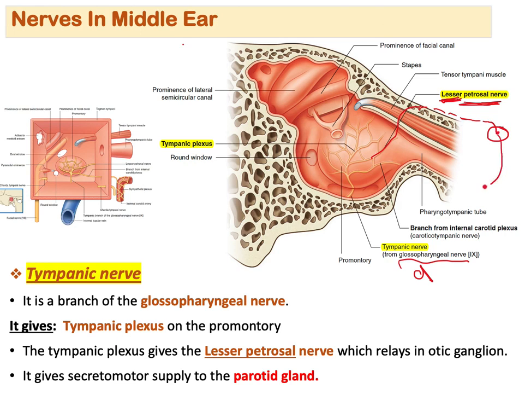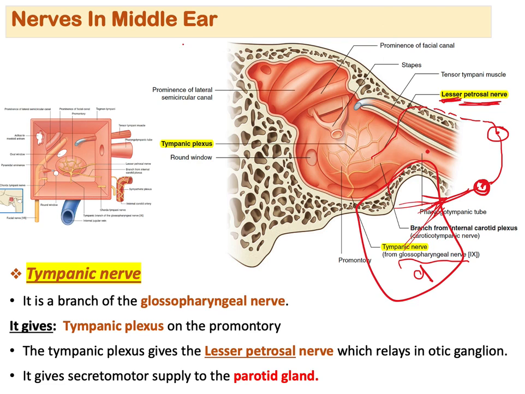Then once it reaches the otic ganglion, the parasympathetic ganglion, it synapses there, and from there fibers move to the parotid gland. So this is the secretomotor supply to the parotid gland for secretion.